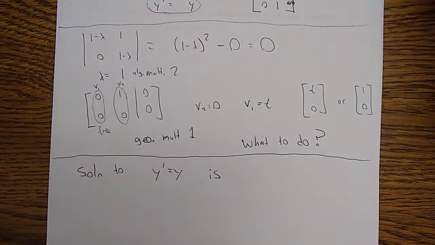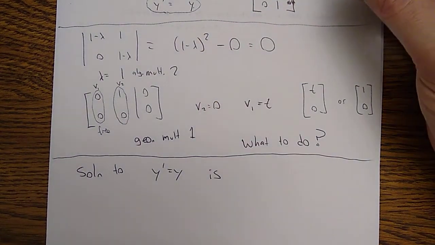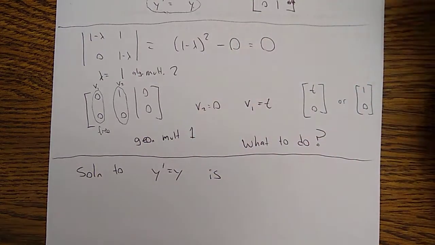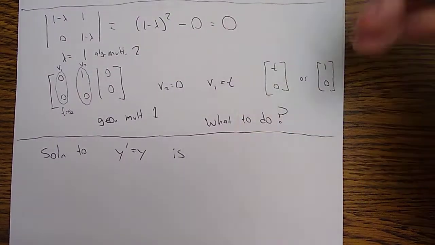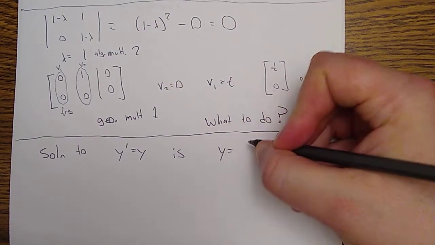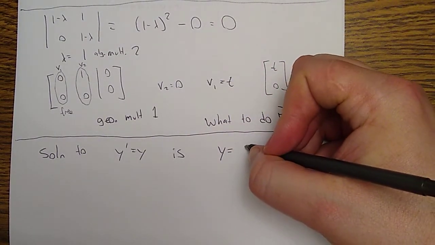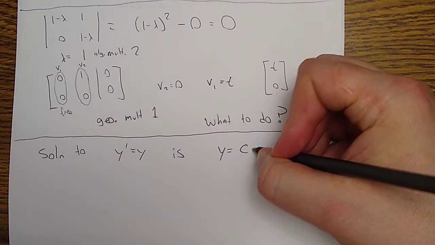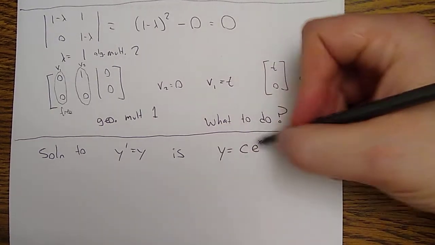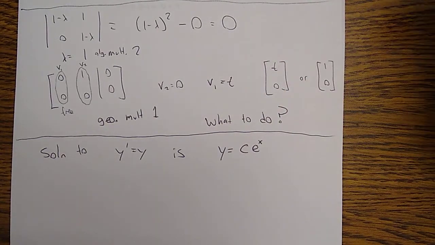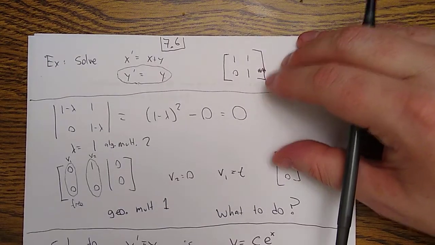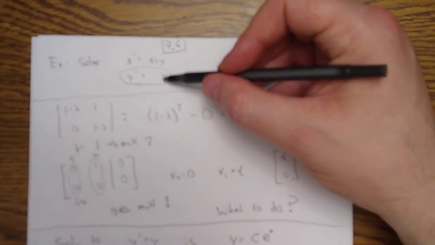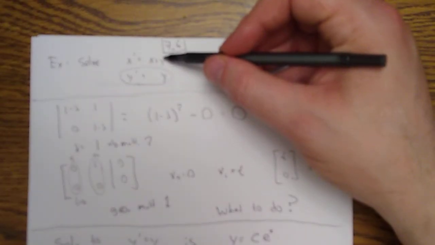And maybe I won't show all my work here. There's a million different ways to solve this. For example, this is separable. This is one of the first types of differential equations that we learned to solve. What you're going to get is that y is exponential and it can be times any constant.